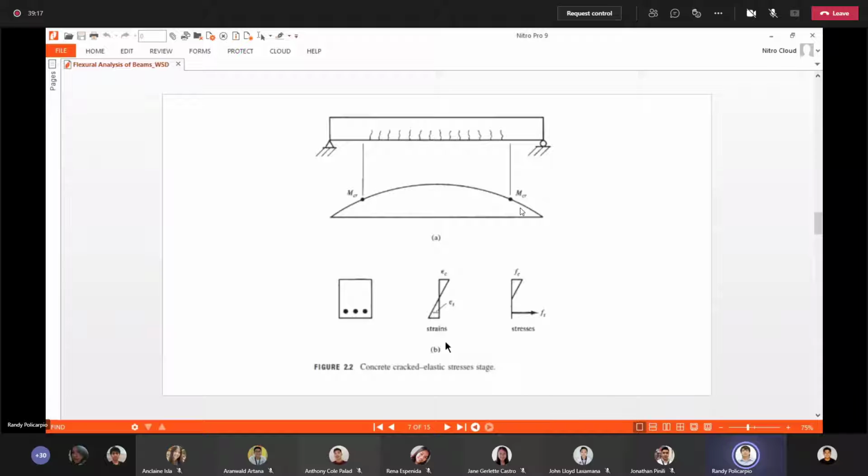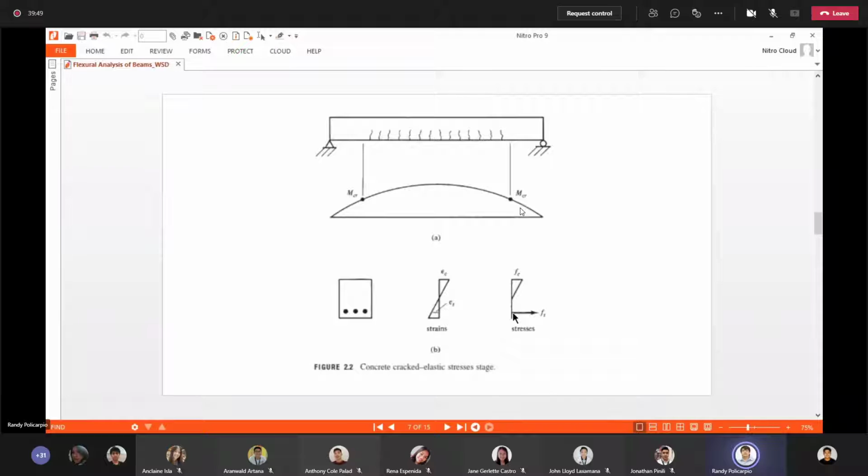And the strain diagram, ganun pa rin siya, linear pa rin yung relationship between the strain in the concrete and in the steel. Now for the stresses, the relationship of the steel, as you see here, is actually linear pa rin naman ito.